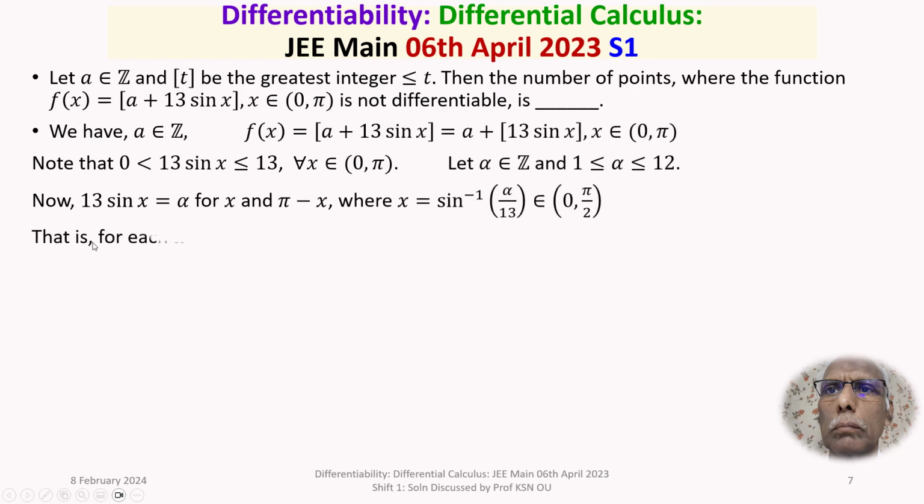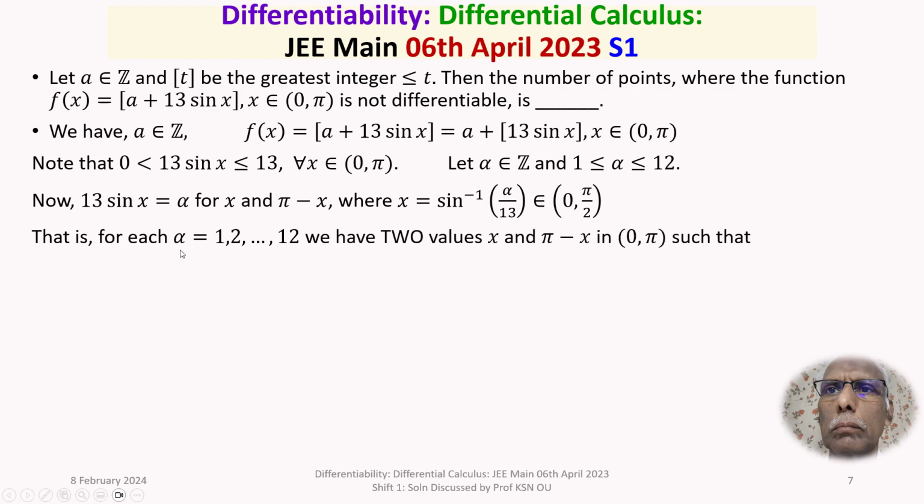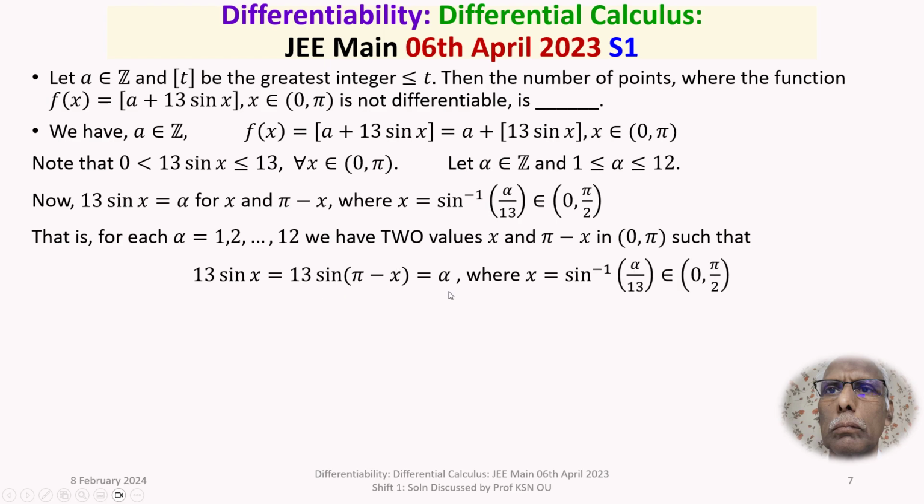So this is what we have done. That means for each positive integer alpha from 1 to 12, we have two values: one is x and the other is pi minus x in 0 to pi, such that 13 sin x is equal to 13 times sine of pi minus x is equal to alpha, where x is sine inverse alpha by 13, which belongs to 0 to pi by 2.